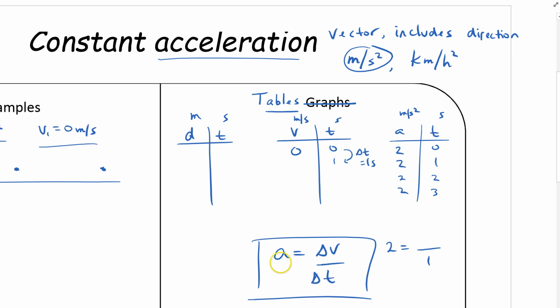My acceleration is 2. If 1 second goes by, the velocity better be changing by 2. So in other words, the velocity is going up by steps of 2 every time. It's a little bit harder to figure out the position, so we're going to leave this blank for the next little while.